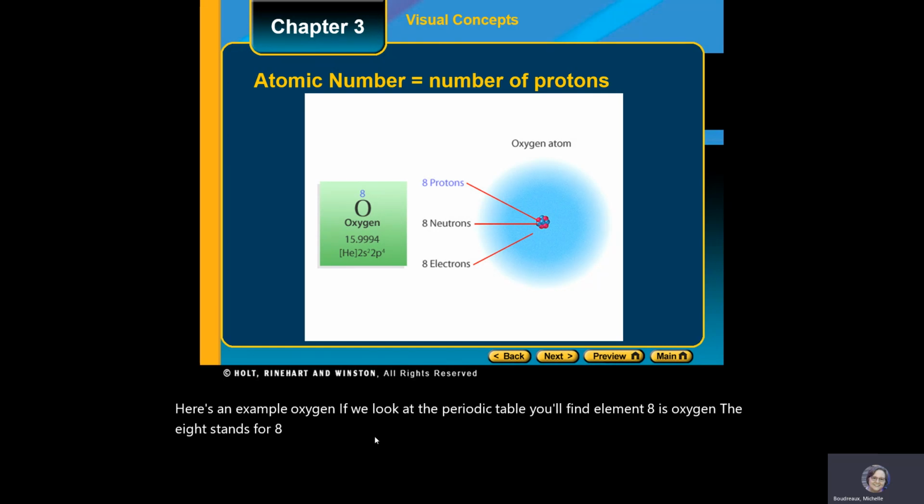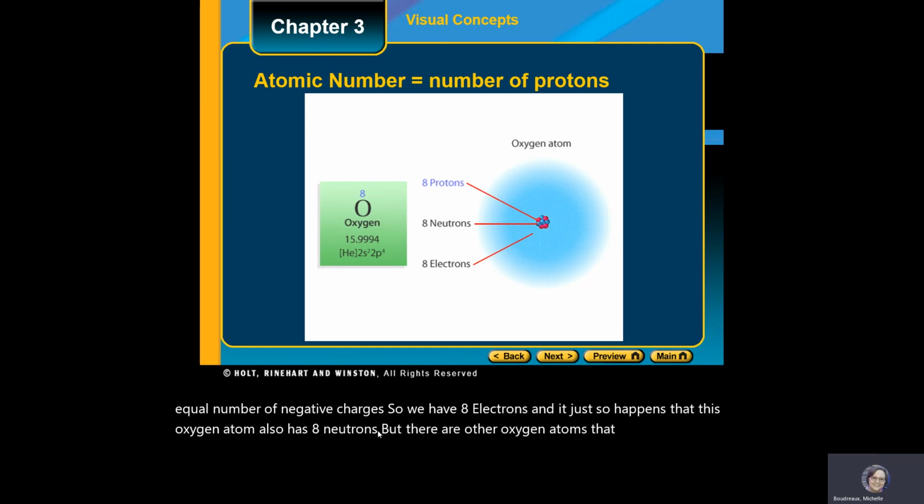But since we know that the oxygen atom is neutral, it must have an equal number of negative charges. So we have 8 electrons. And it just so happens that this oxygen atom also has 8 neutrons, but there are other oxygen atoms that have more or fewer neutrons. So how do I know that?